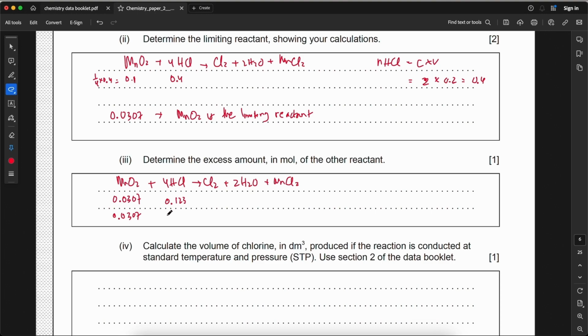So we subtract this from the mole of HCl, which is 0.4 after we calculate from here.